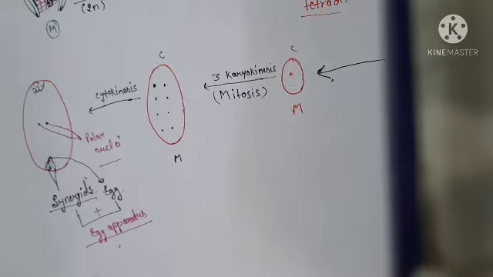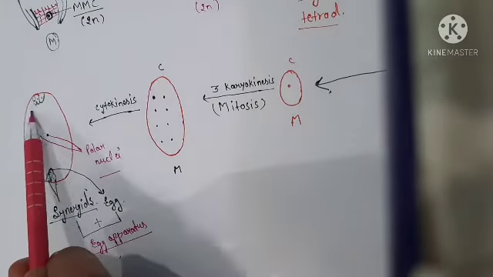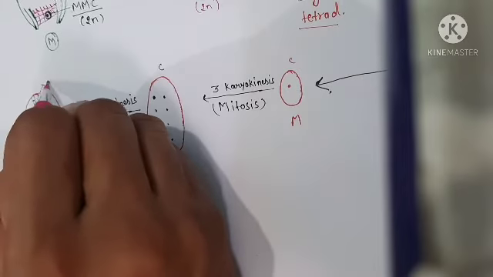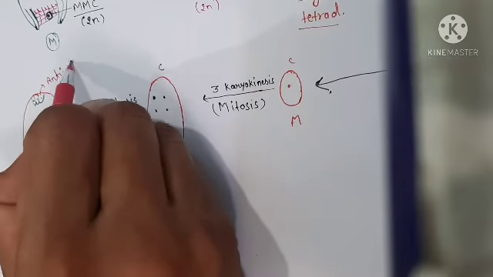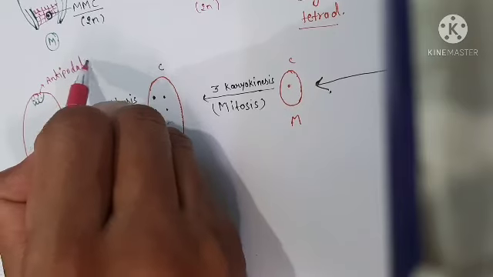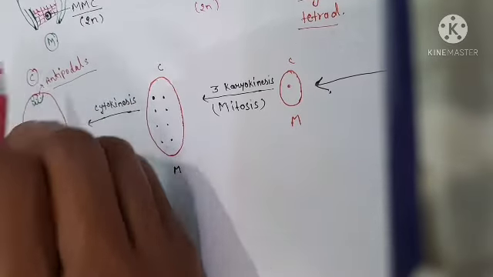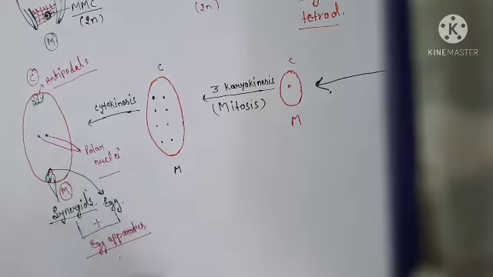Now these three cells are called antipodals. Here the chalazal end, and here the micropylar end.